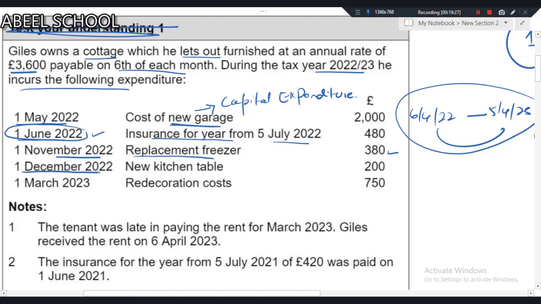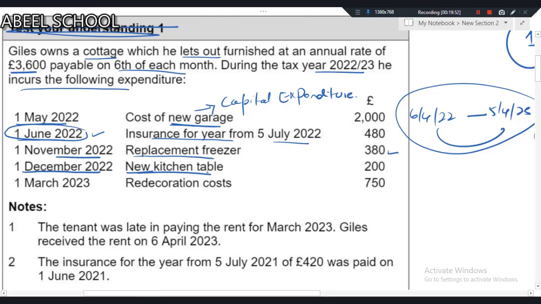On 1st December 2022, look at this, new kitchen table. New kitchen table cannot be your allowable expense and it is not replacement furniture relief. Why? Because it is a new kitchen table. And we did discuss in replacement furniture relief that it is only available on replacement.